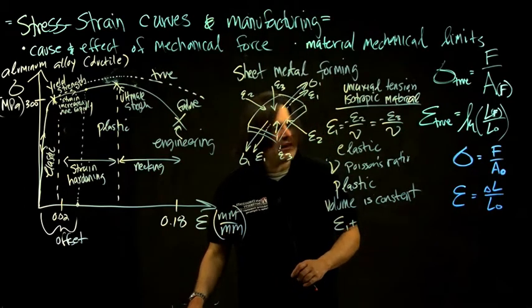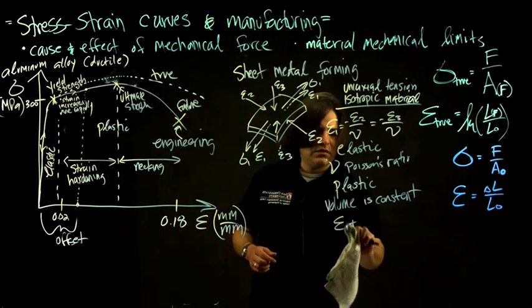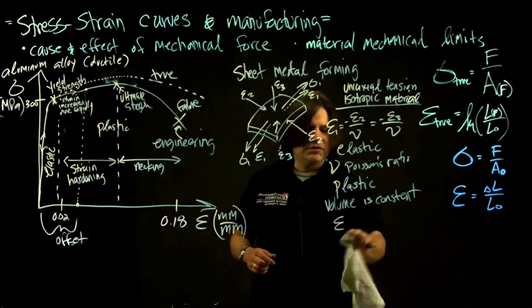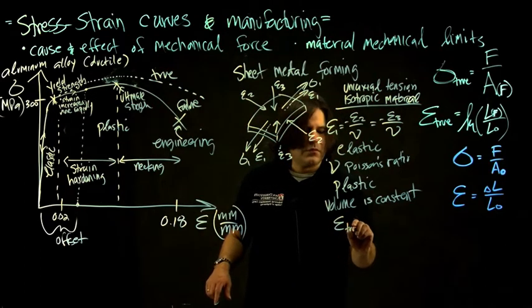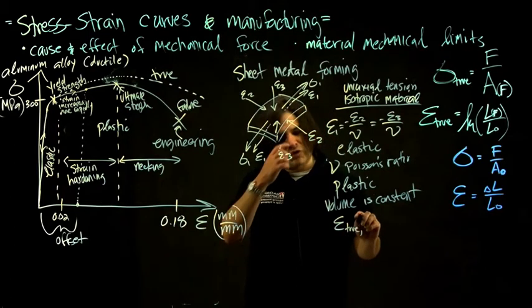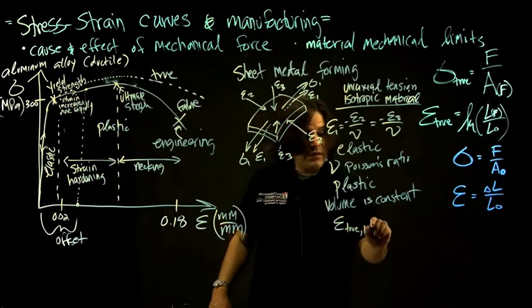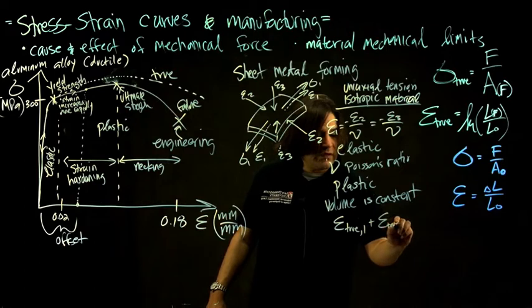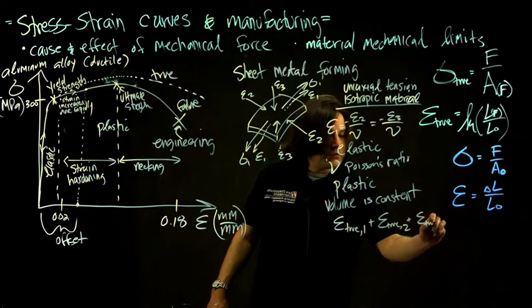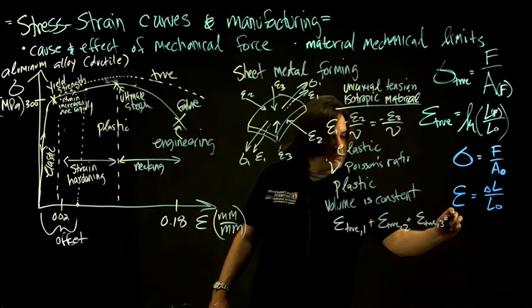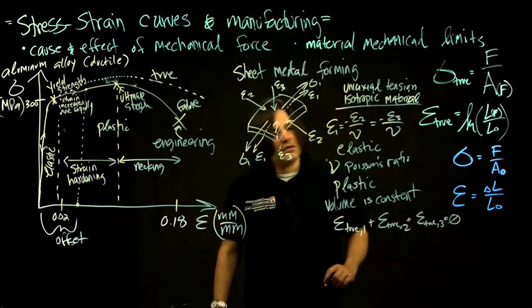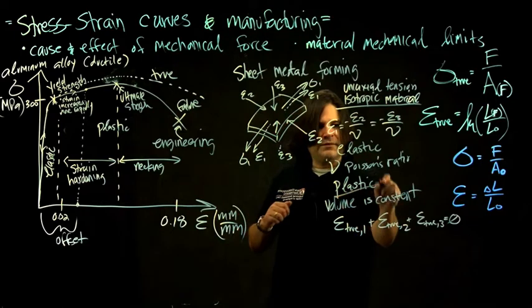Keep in mind that you have to keep it true: the true strain in one direction plus the true strain in the other direction plus the true strain in the third direction equals 0. This will be the plastic regime.